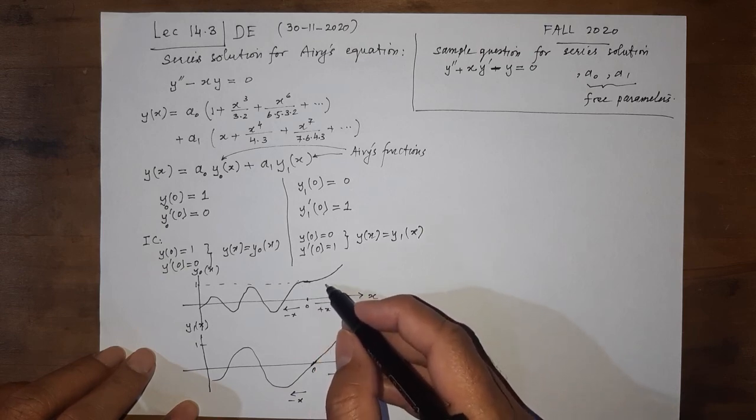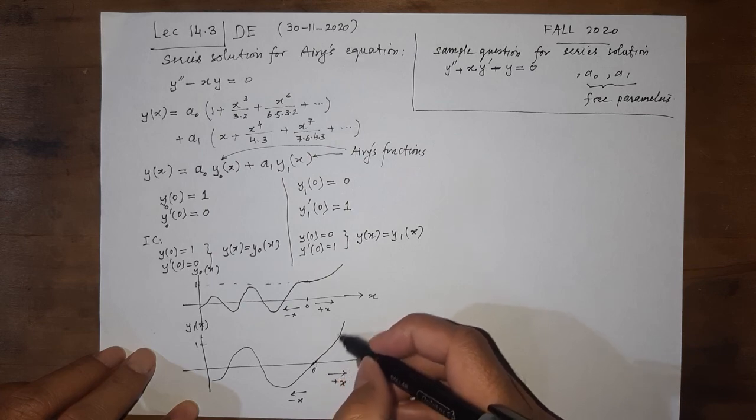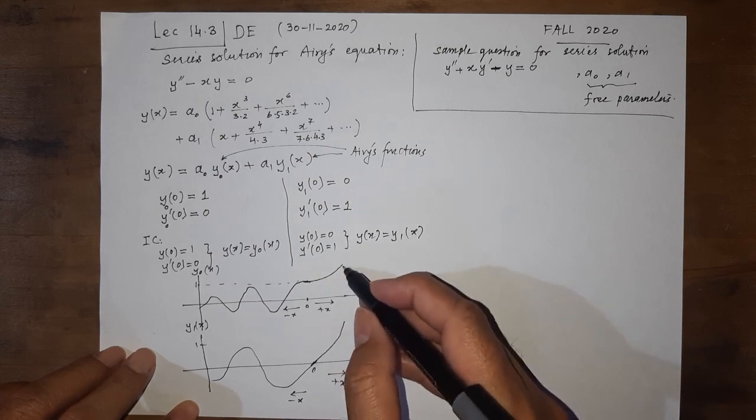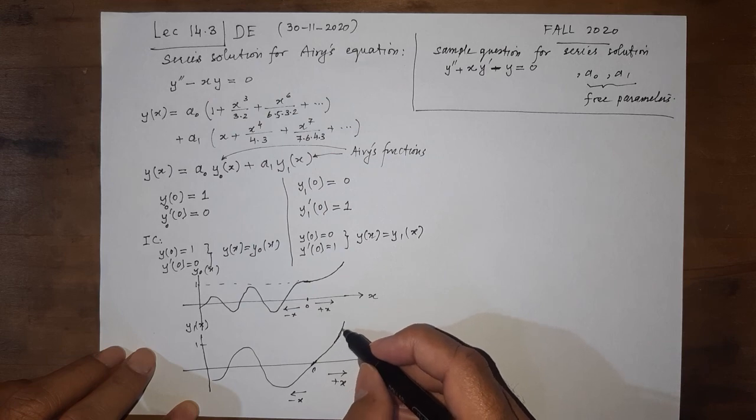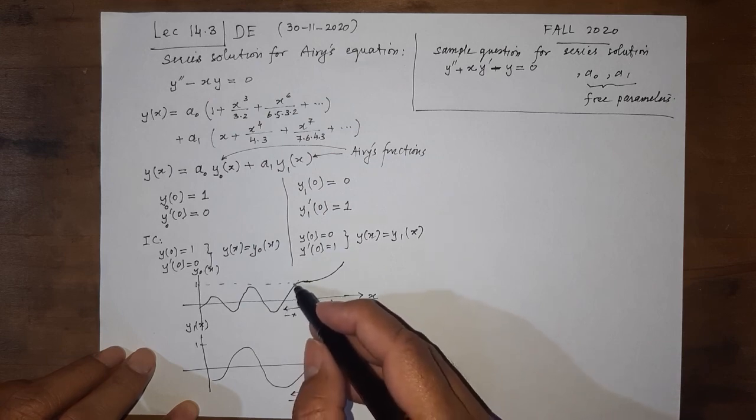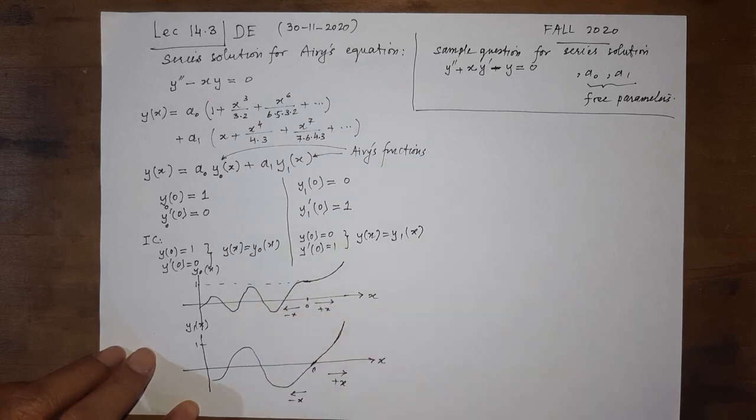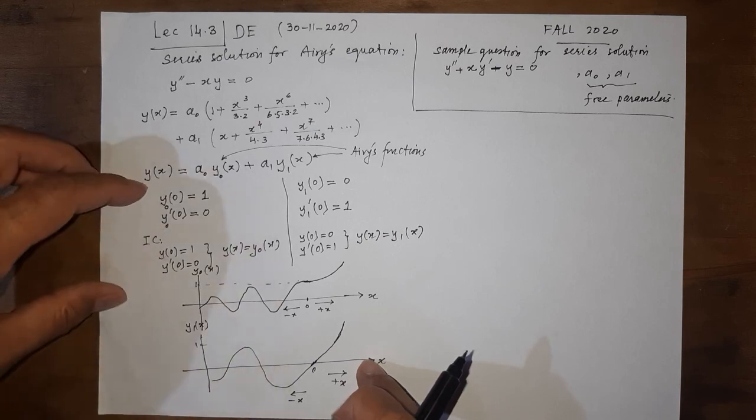For positive x, both these have exponentially rising graphs, but for negative x we have oscillatory behavior. So how is this possible?